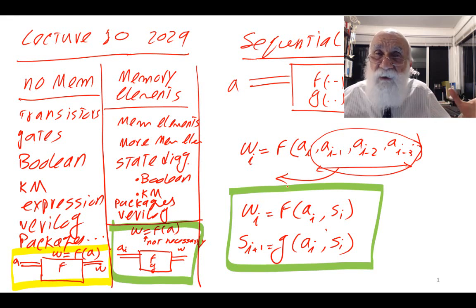But then how much accumulation of all these inputs? How far back do I go? Well, I go as far back as my circuit remembers.